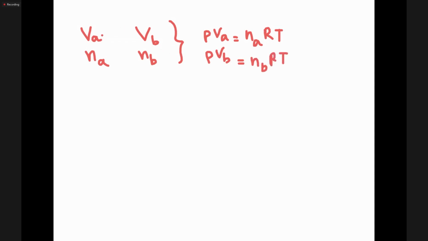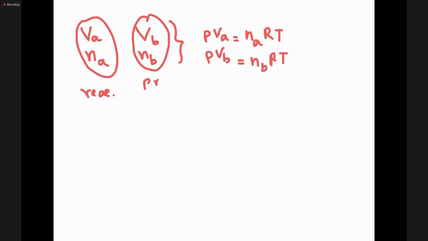The suffix A stands for the reactants and the suffix B stands for the products.